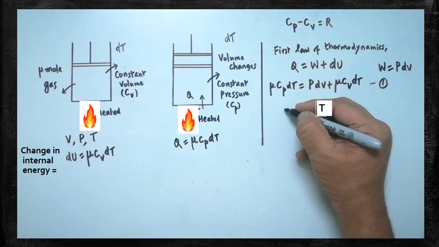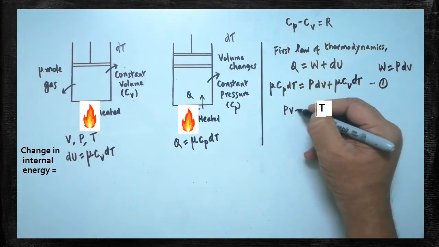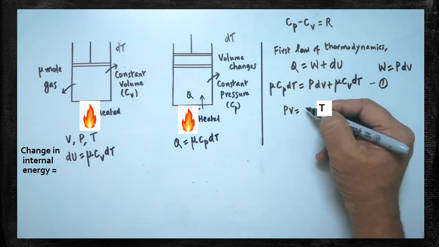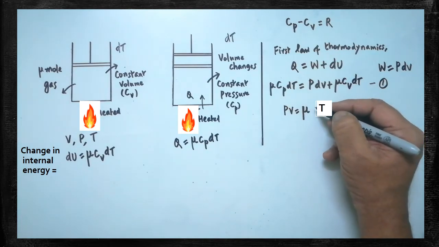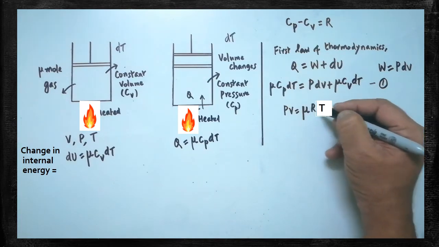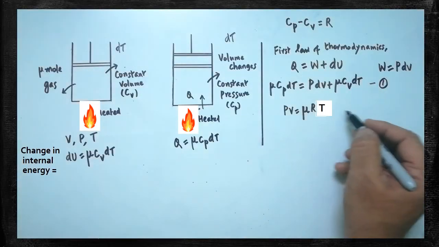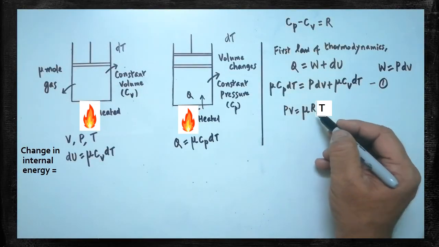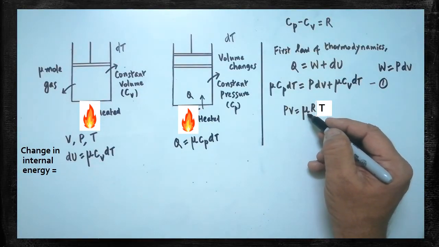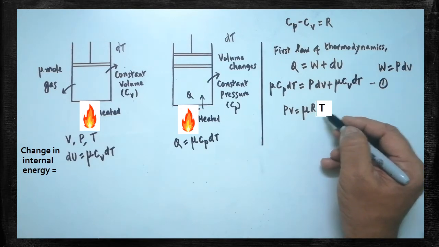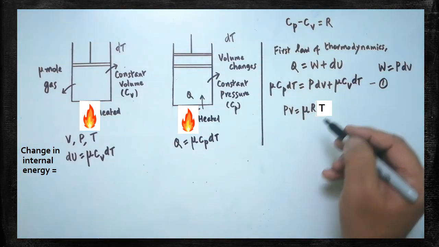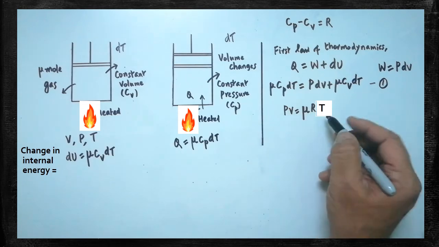For mu moles of gas, PV is equal to mu into R into, instead of T, the change in temperature dT. So this is the very basic formula.